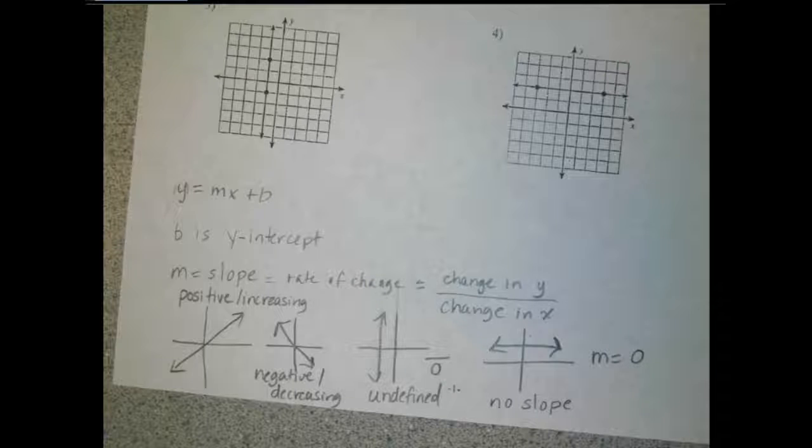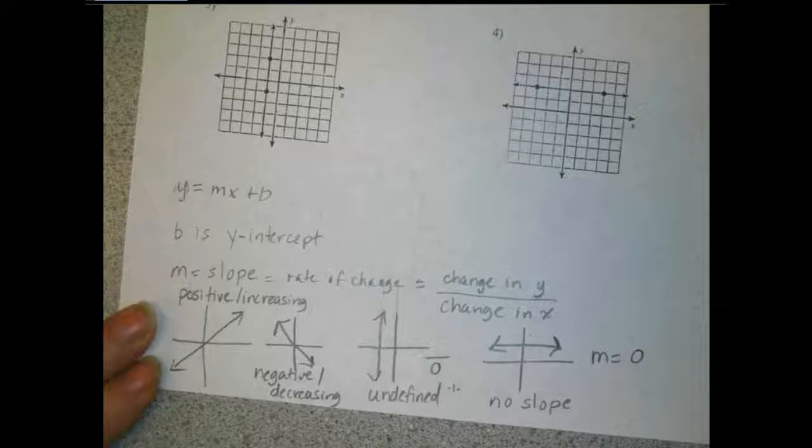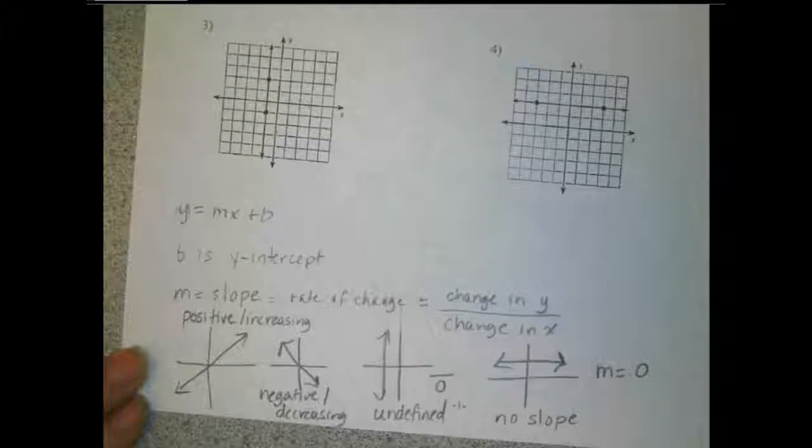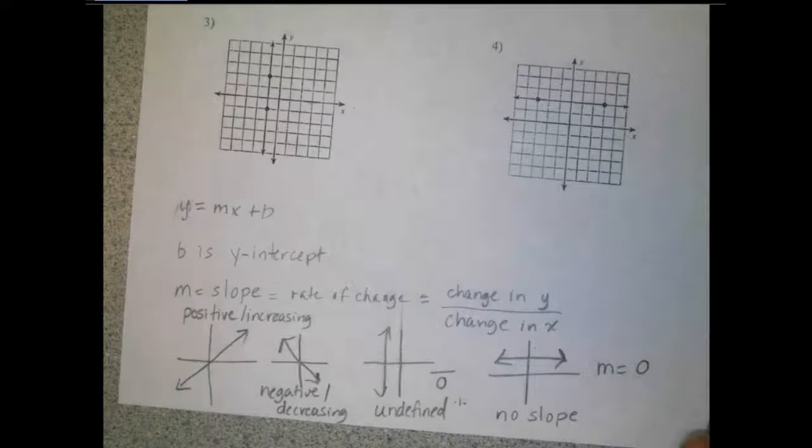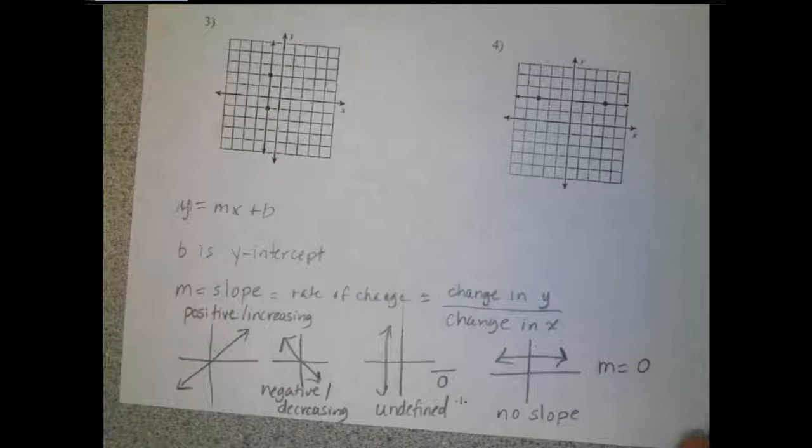This information, if you have an opportunity to put it in your notebook, that would be great because you can use this stuff when you take your test next Friday. Okay? So we'll be looking at intercepts and we'll be looking at some slope.